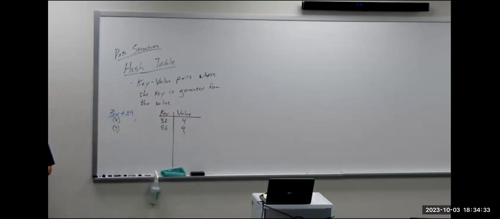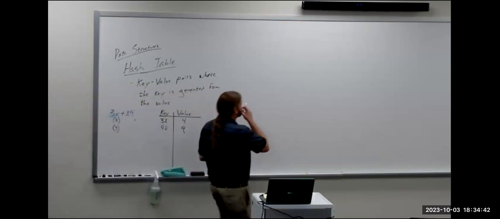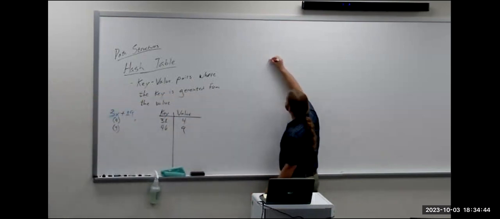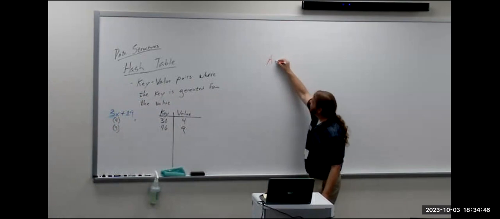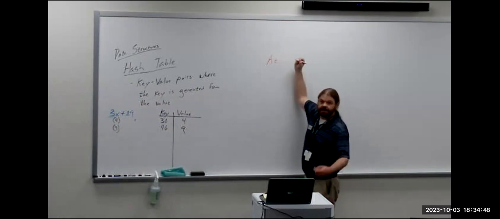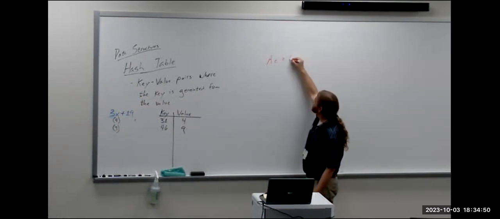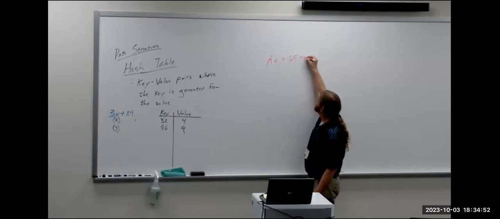We just want to be careful because when it gets more complicated, things could cause keys to clash, right? Like if we took character values, capital A and lowercase e, those 2 characters, 65 plus 101.